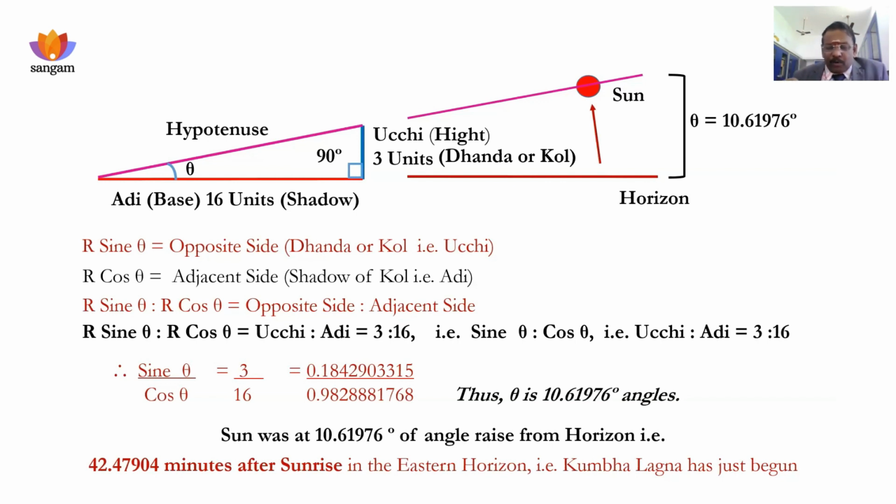That is, 42 minutes after sunrise, he installed the Sivalinga. That is what he clearly mentioned by just writing 316. If you want to understand that one line, this much knowledge we should have, this much analysis of the scientific and mathematical facts.